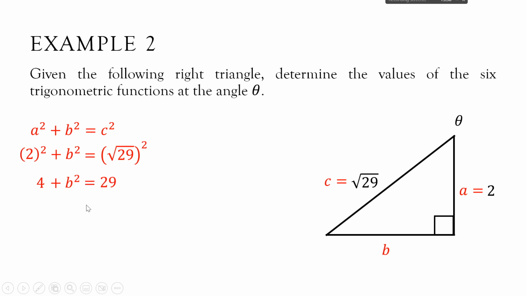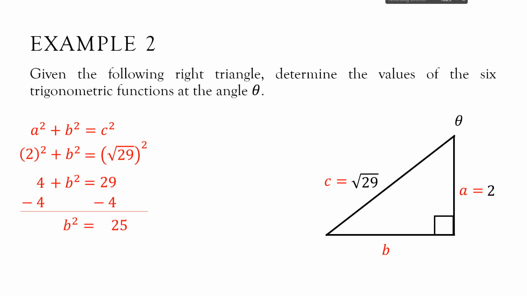Now I need to get B alone. First step would be subtracting 4 from the left and right. On the left, 4 minus 4, I get 0, leaving me with B squared on the left. And then 29 minus 4, I get, well, 25. So I have B squared is equal to 25. Again, I want B. I don't want B squared.